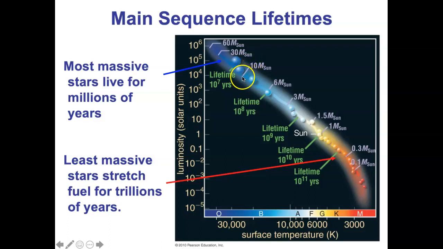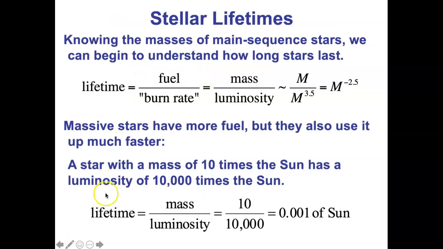A 10 solar mass star has 10 to the 4 solar luminosities. So if you take a star that is 10 solar masses, it has to burn its fuel 10,000 times faster than the sun. It's got 10 times as much fuel as the sun has, but it's got to burn that fuel 10,000 times faster in order to maintain a luminosity of 10,000 solar luminosities.